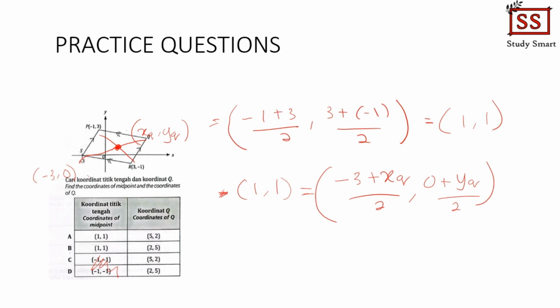Okay, that's it. Now solve one by one. So you will get xq equals 2 plus 3, which is 5, and yq will be 2. So your answer should be (5, 2). So your answer is A.